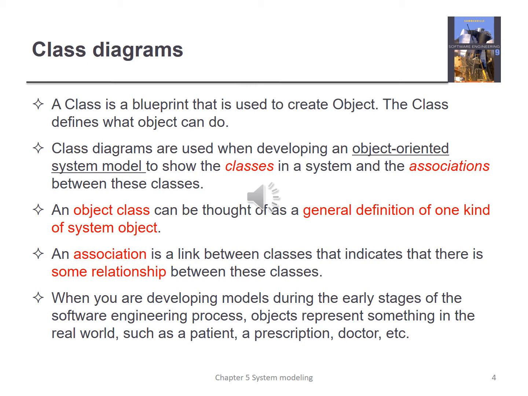What is a class diagram? In software engineering, in the Unified Modeling Language, it is a type of static structure diagram that describes the structure of a system by showing its classes, the objects of that system, their attributes, what the attributes of each class are, the operations, what function or method is done in that class, and the relations among these objects.